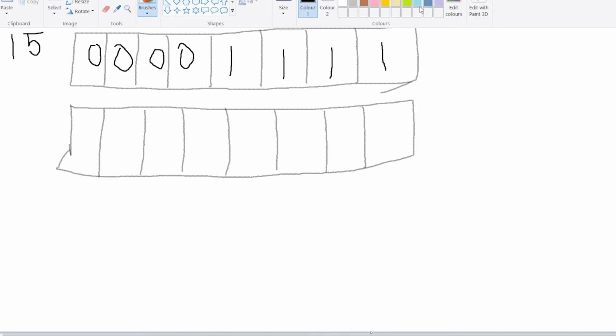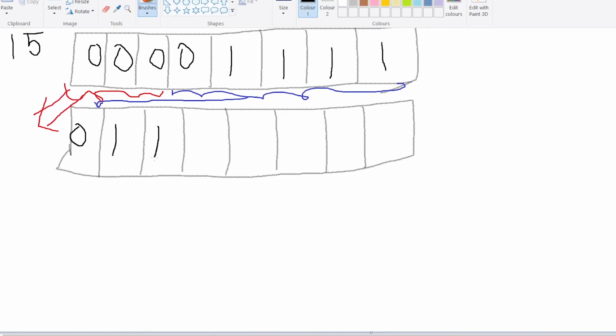So what we have to do here is the bitwise left shift, and we're going to discard the first three elements, and the rest we're just going to take these ones and drop them here. So it's going to be 0 1 1 1 1 0 0.